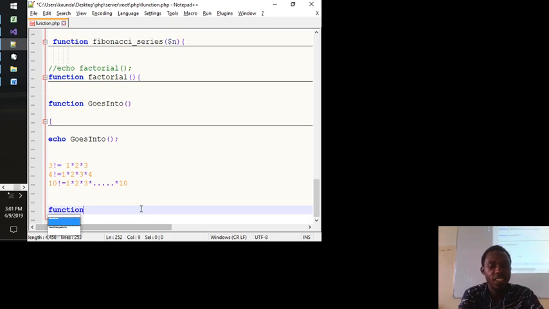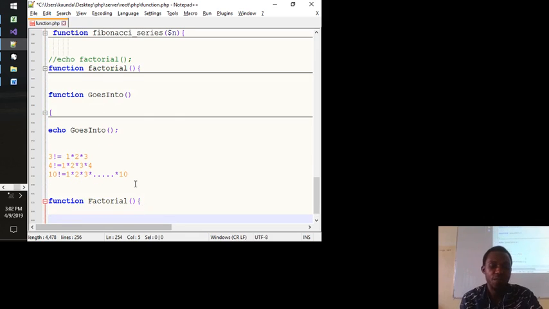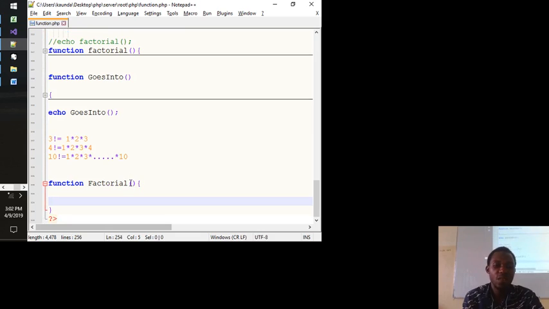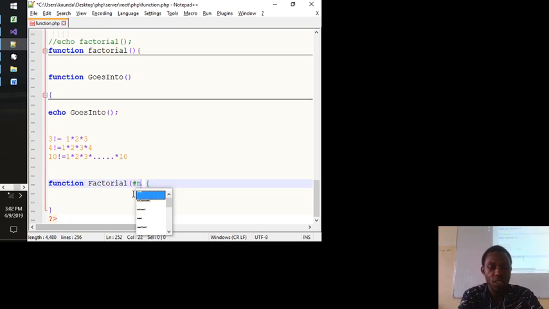So this one is easy if you are to do it. Let's say you have a function. Let's call it factorial. Let's call the number n, any number we are picking.